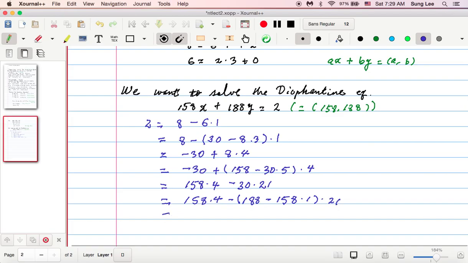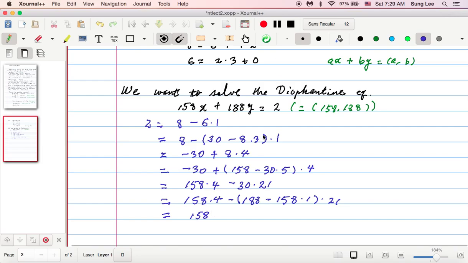So this simplifies to 158 times 4. Oh, no, it's not, right? That's not it. I have more, right? So I have positive 158 times 21, and I have 158 times 4.